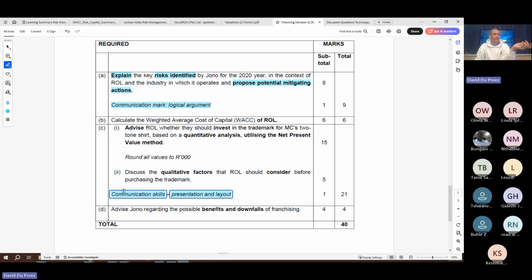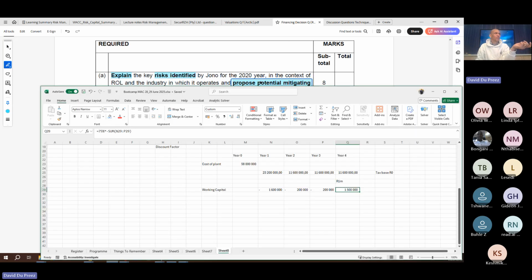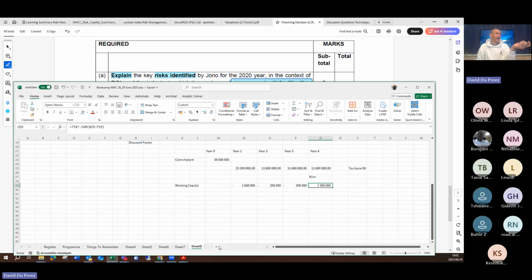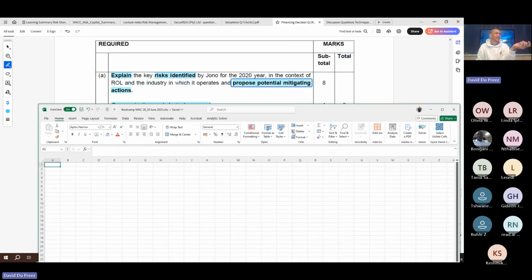Here in bold it is explained. What do you need to explain? You need to explain the risks, in the context of the individual, and propose. Can you see here it says risks identified, then the second column is explain, then the third column is propose.